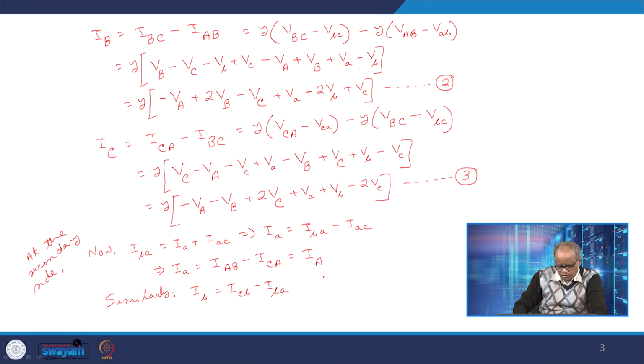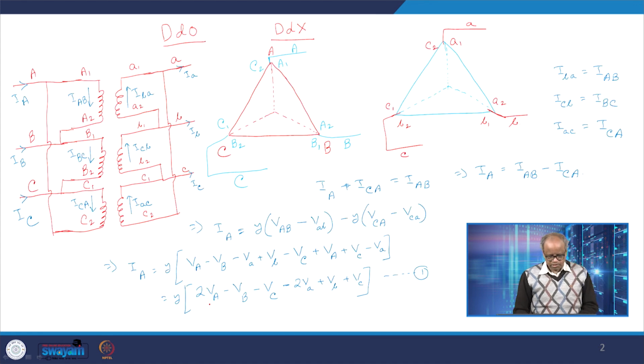So IB is IBC minus IAB, which is I capital B. And IC is given by IAC minus ICB.